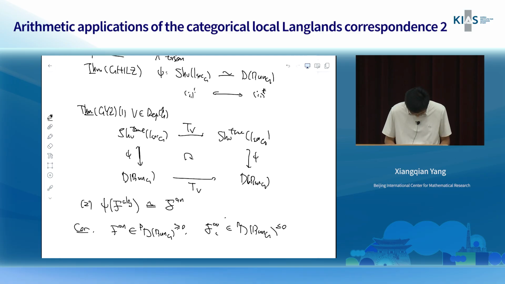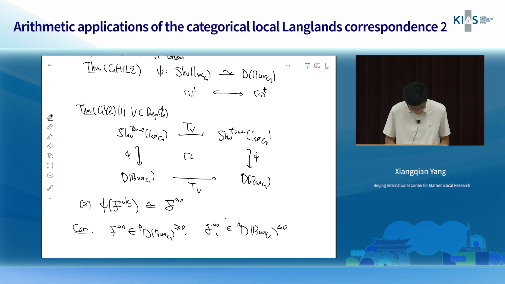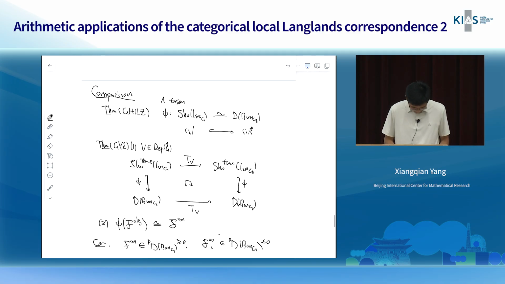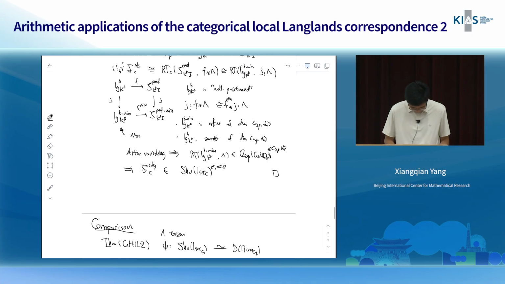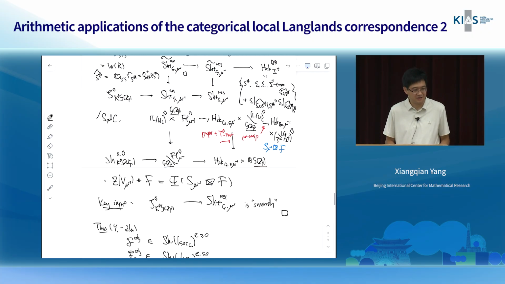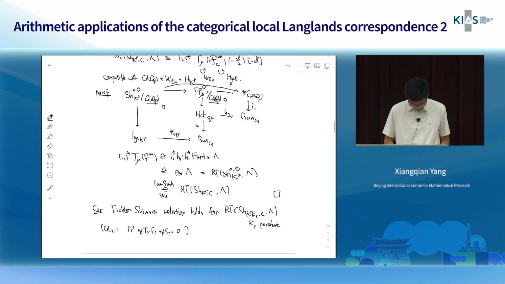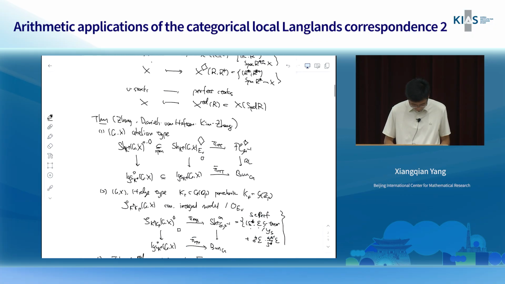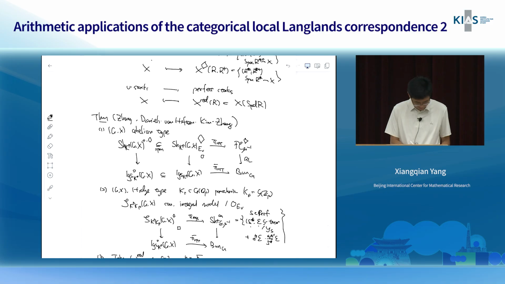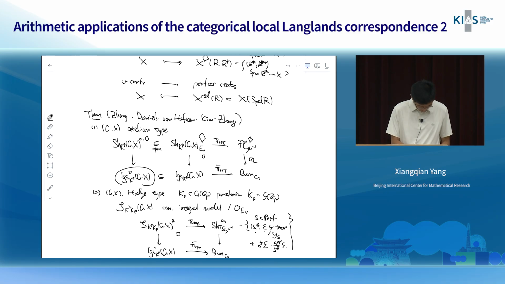Also, for PEL type it's kind of subtle, because you really have Igusa sheaves on the analytic locus, so you have two Igusa stacks here. Oh, sorry.